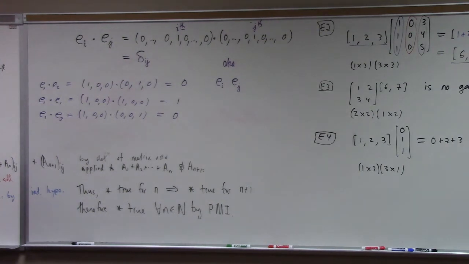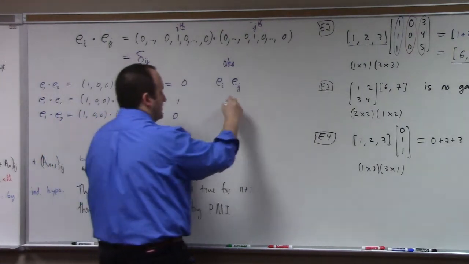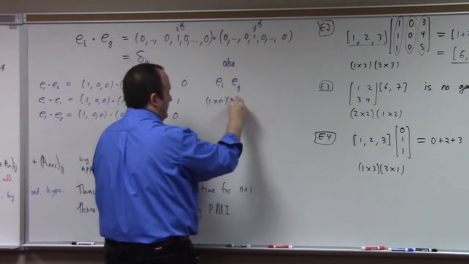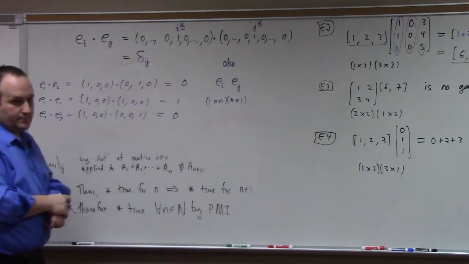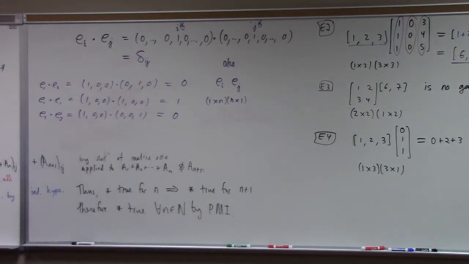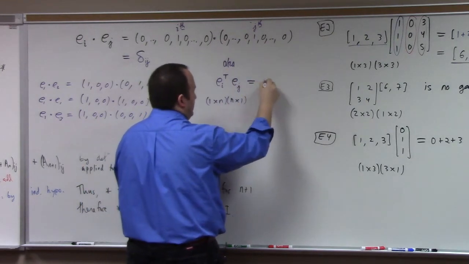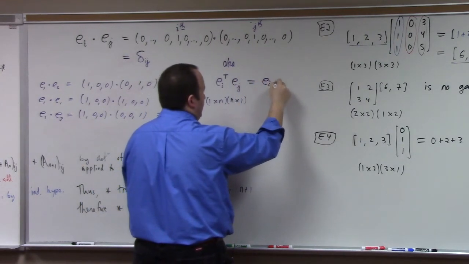I want it to be a 1 by 1. What is a column vector? It's an n by 1, right? So the one on the left has to have a transpose. So this is in fact equal to e_i dot e_j.